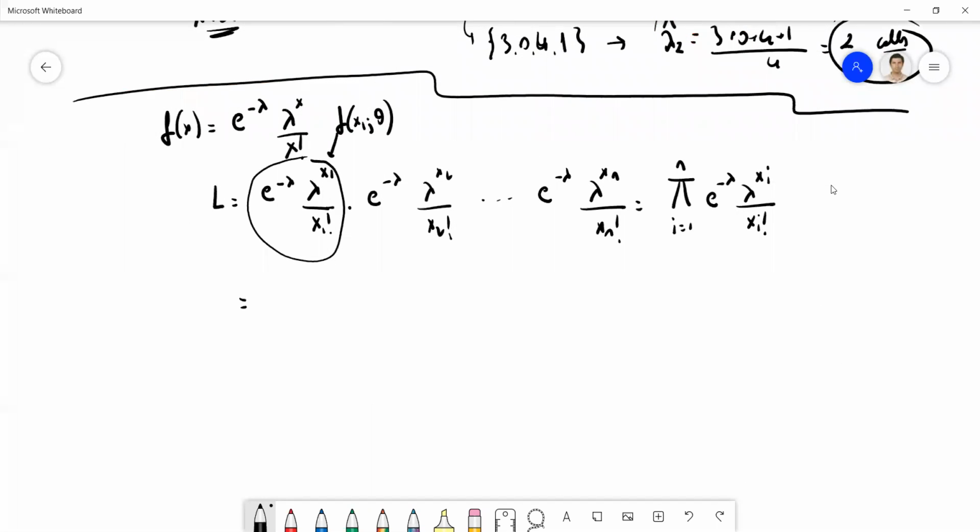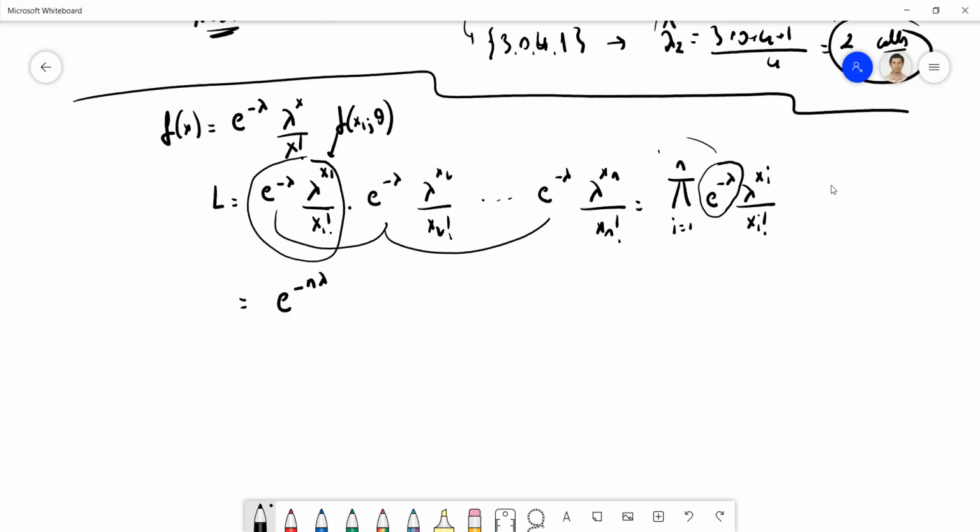I think we can. Note that we don't have any index i here, so you can easily see from this product that this is going to be equal to exponential lambda multiplied n times, which means exponential minus n times lambda. Probably I explained it awkwardly, but I think you understand the mathematics.